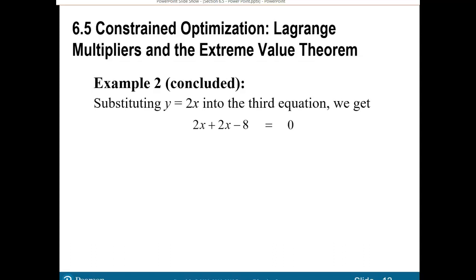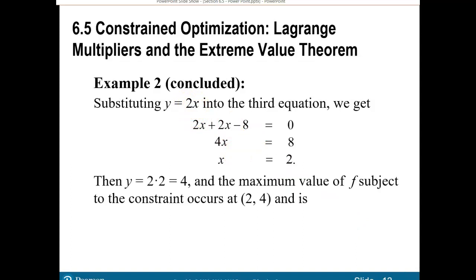So 2x plus 2x minus 8 equals 0. 4x equals 8, so x would be 2. And if x is 2, plug back in, that means y is 4. So the max value of f, subject to the constraint, occurs at the x and y values of 2, 4. X is 2, y is 4. And that would be f of 2, 4, so 3 times 2 times 4, or 24.